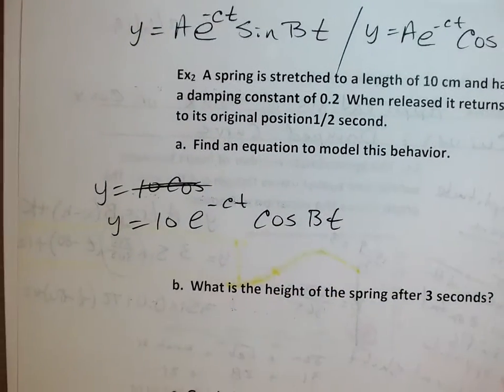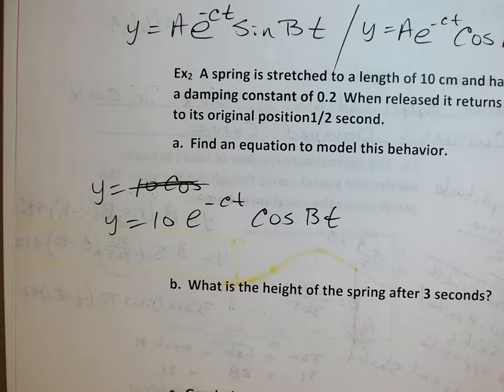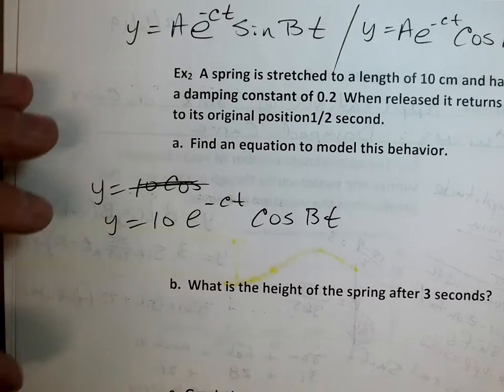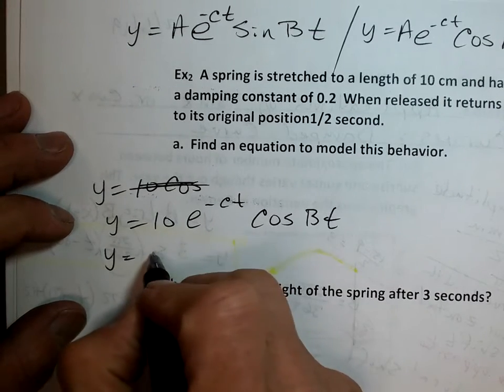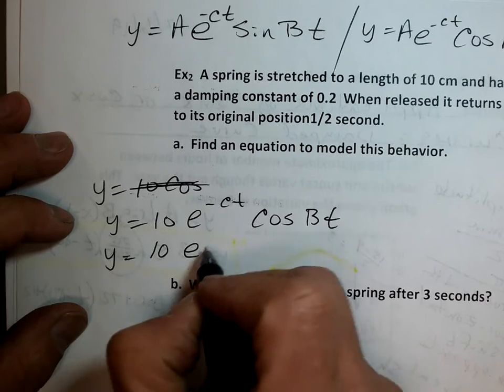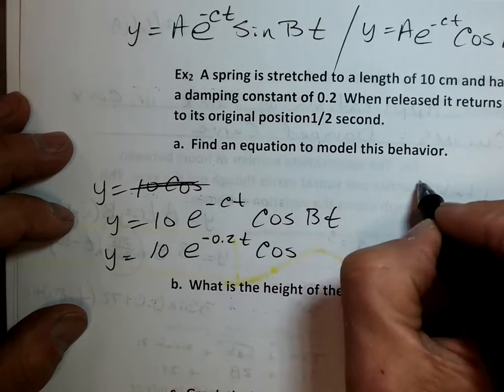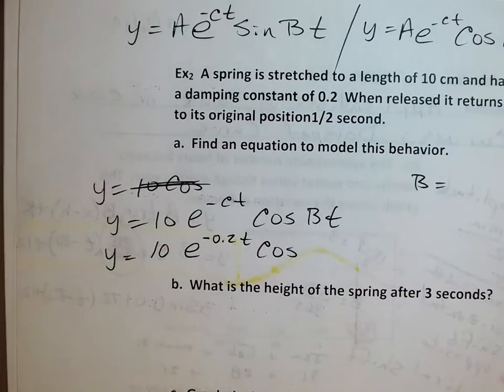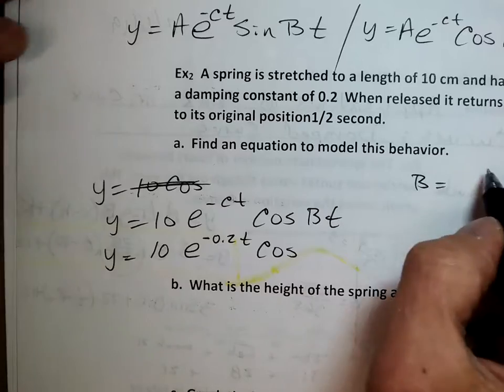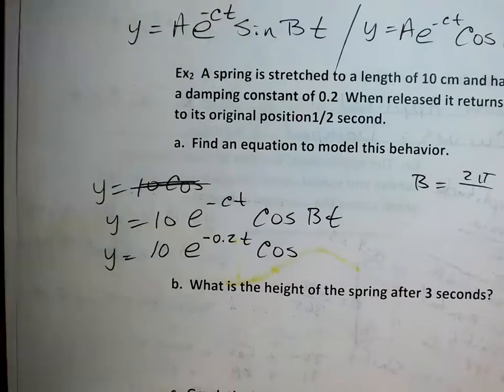Okay, so far so good. Now C has to do with a damping constant. We're given damping constant 0.2. That's the stiffness of the spring. So I'm going to get y equals 10 e to the negative 0.2 t cosine. Now B is always 2 pi divided by the curve width.